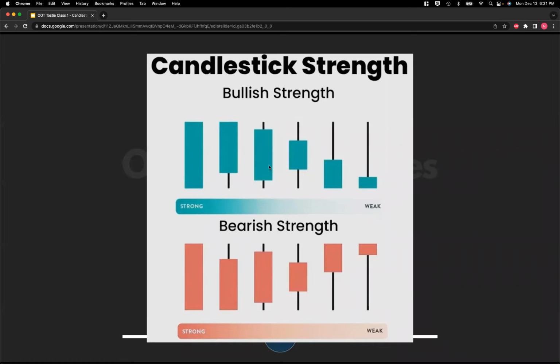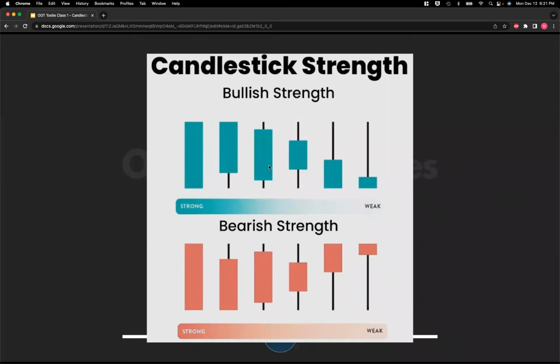So the analogy I like to provide to individuals for whom it isn't clicking instantly, which is completely fine, is to think of each individual candlestick as a tug of war between buyers and sellers. Sellers want to see the price go down and buyers want to see the price go up. Because if you buy a stock, you want the price to go up. And if you sell a stock, you want the price to go down because you think it's going to go down, whether you're shorting or selling it.